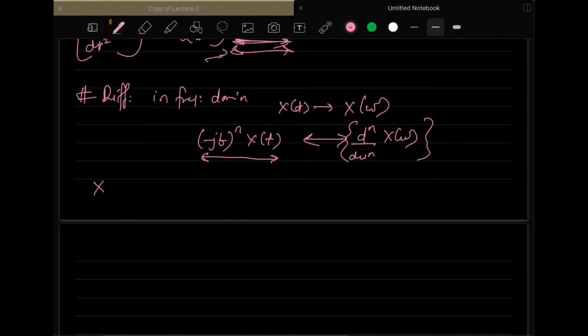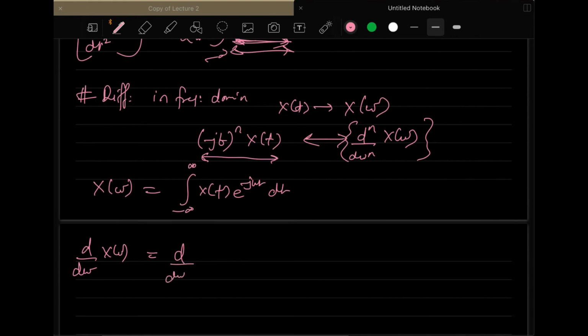The Fourier transform is given by the integral from minus infinity to infinity of x of t e to the power minus j omega t dt. Now if you take the derivative of this with respect to omega, you have d by d omega of the integral from minus infinity to infinity of x of t e to the power minus j omega t dt.